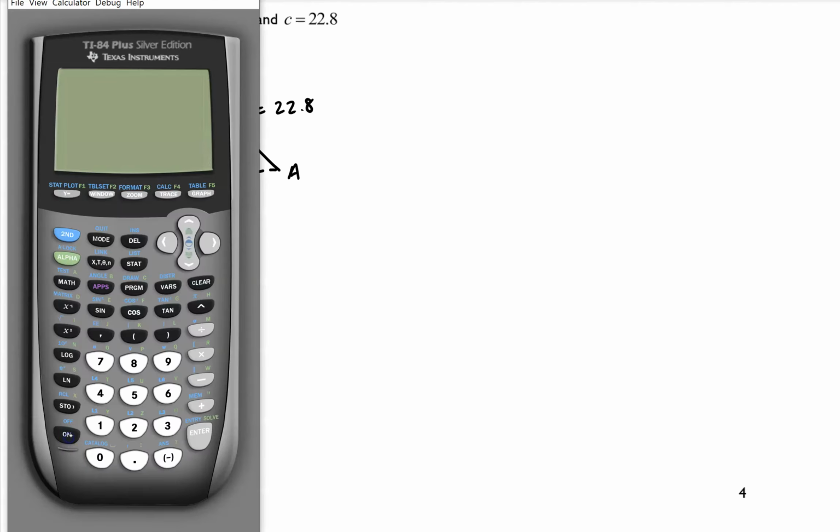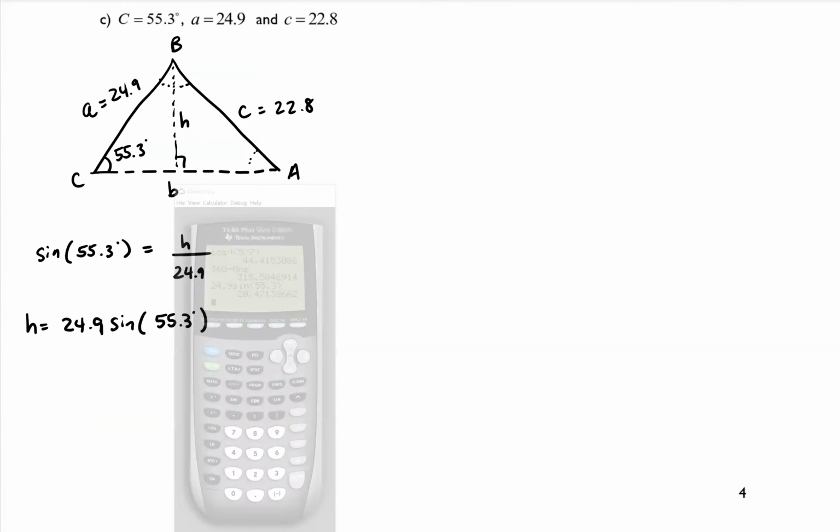If I throw that into my calculator, I want to make sure I'm in degrees, which I am. So I do 24.9 times sine of 55.3. That gives me 20.5.